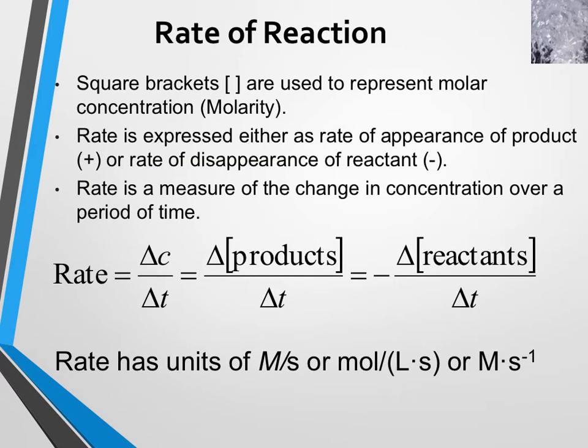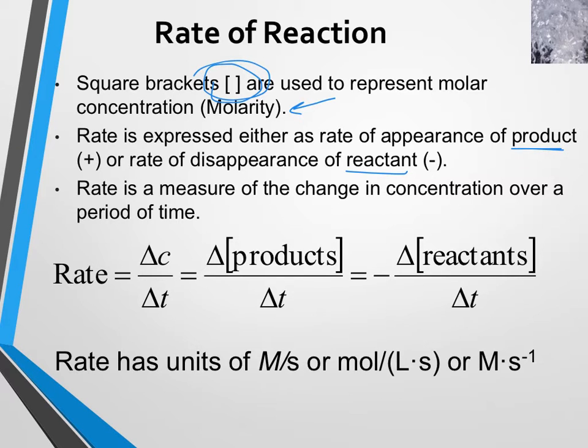Just to remind you, this is some of the vocabulary and symbols. Brackets mean concentration, specifically in terms of molarity, and you'll see a lot of that in the kinetic equations. Rate or speed of reaction can be in terms of reactant or product.